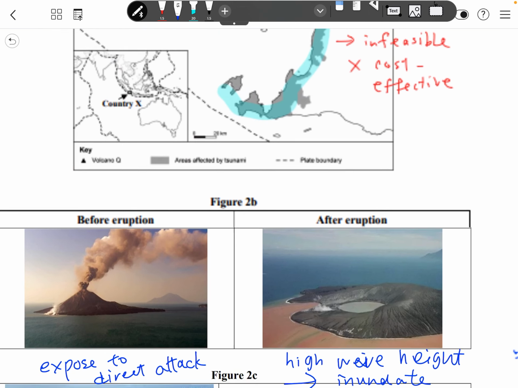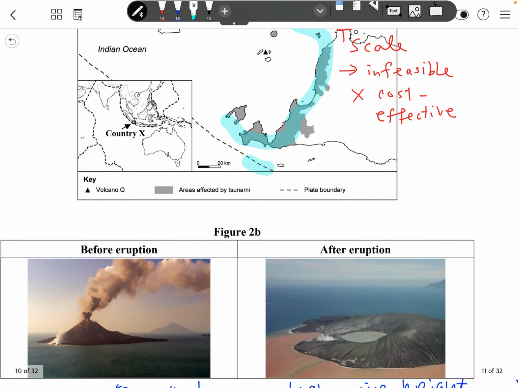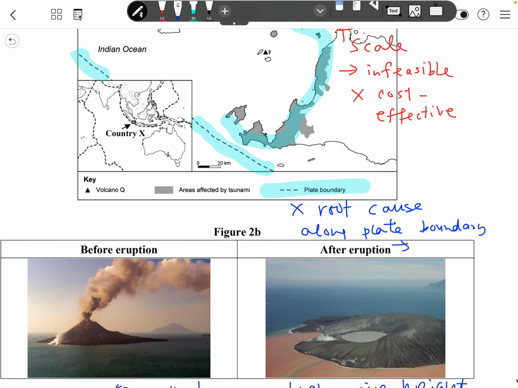Last one, only some of you mentioned the plate boundary. The whole area is next to the plate boundary, so we cannot address the root cause. They are along the plate boundary, so they are easily attacked by tsunami.